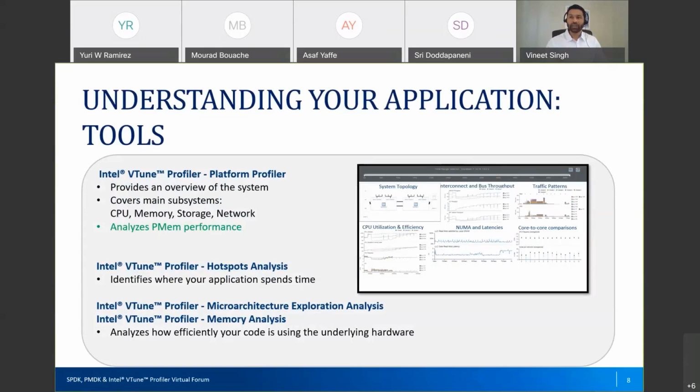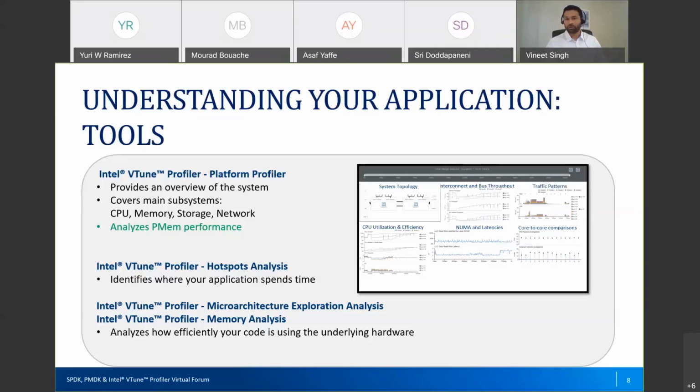Shri talked about this in the previous talk in more detail. If you need application specific information, like what the memory objects are and what the size of those allocations is, you need to go to memory analysis and microarchitectural exploration. That gives you more detailed information about how your application is using the hardware.